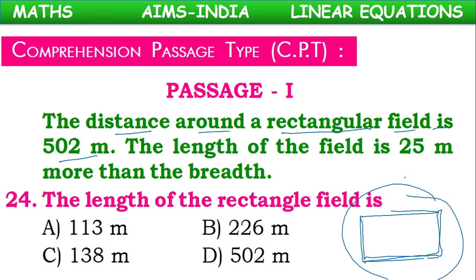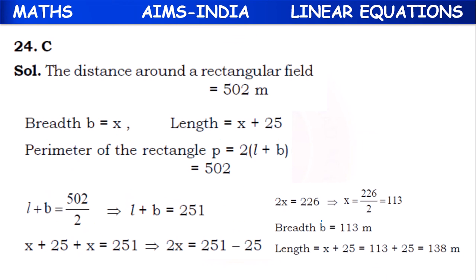Total distance around the rectangular field is 502 meter, whereas length L, breadth B, if we take them as L and B, where length is 25 meters more than breadth. Then we have to solve the questions. 24th question, they are asking length of the rectangle, how much. So rectangular field, the distance around rectangular field is 502 meter.